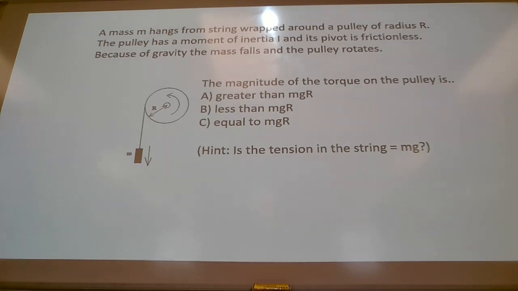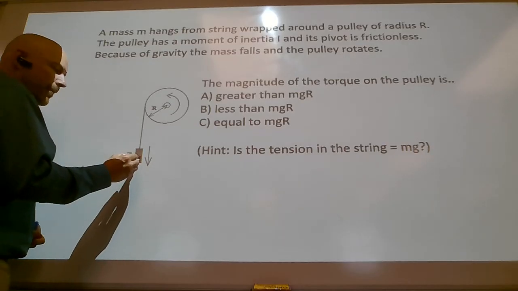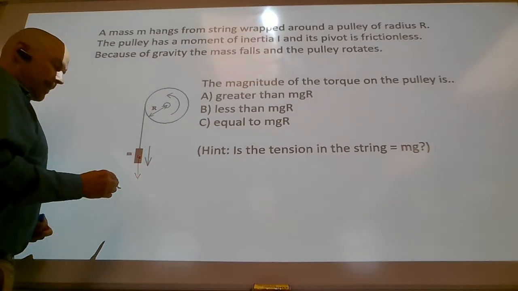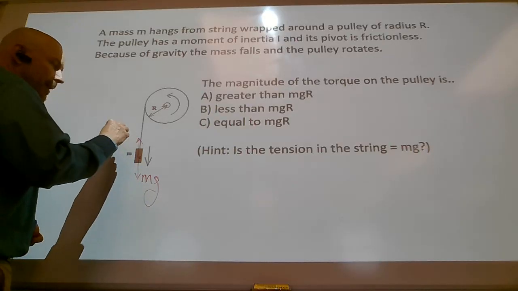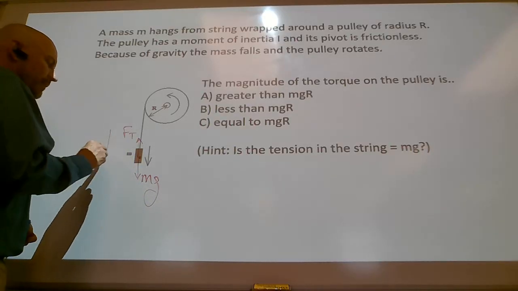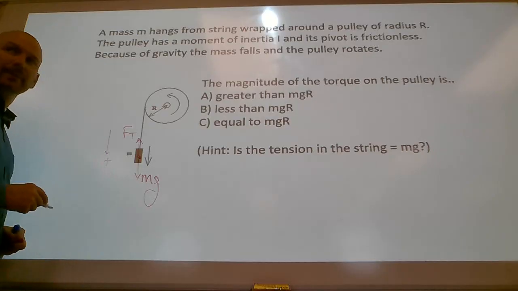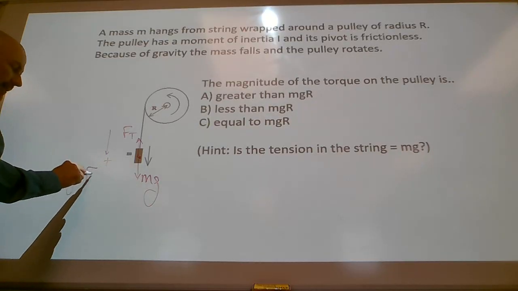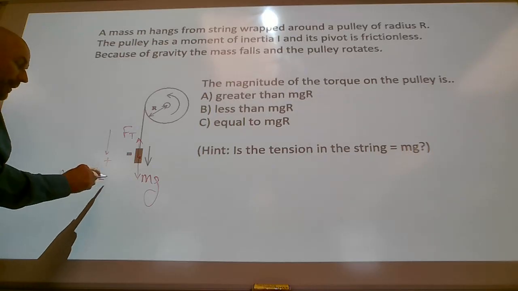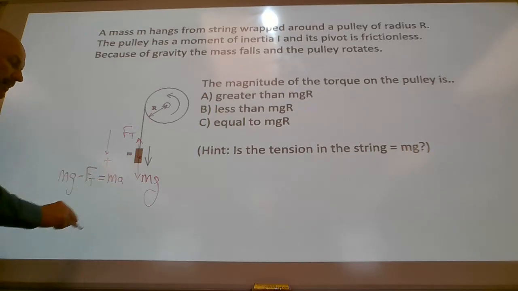Okay. If we looked at the free body diagram of the suspended mass, you have force of gravity and tension. Make the way it's moving positive. You have force of gravity minus tension is not equal to 0, but is equal to mass times acceleration, speeding up in the positive direction.